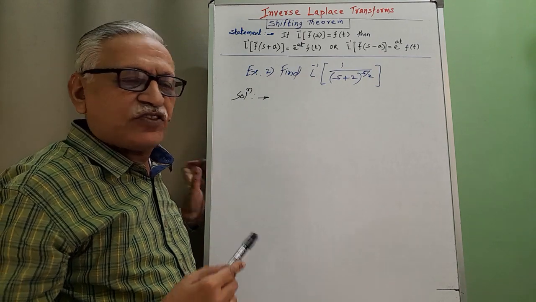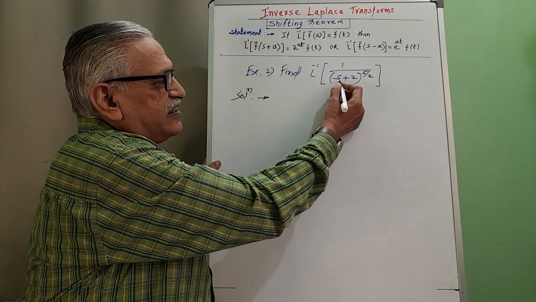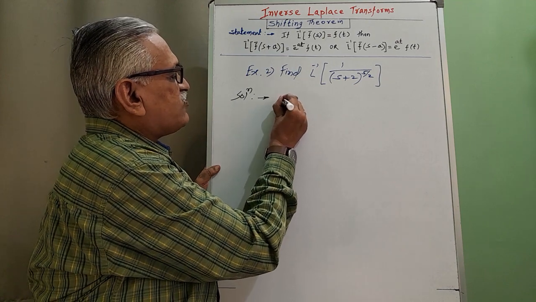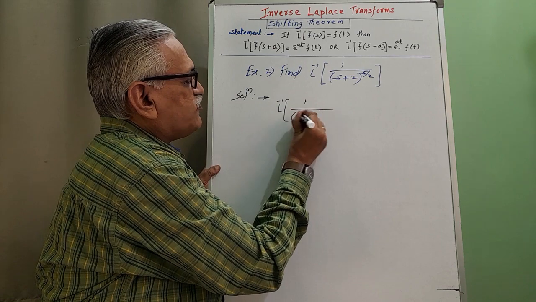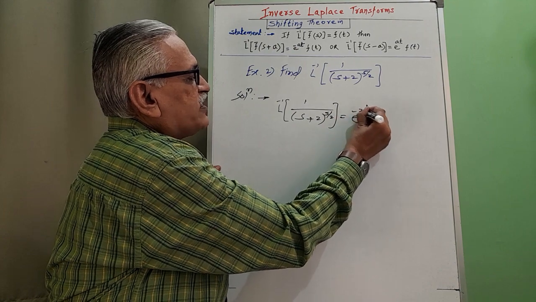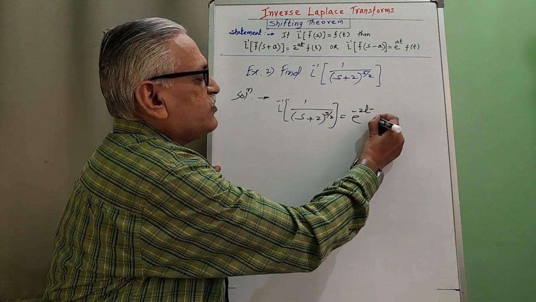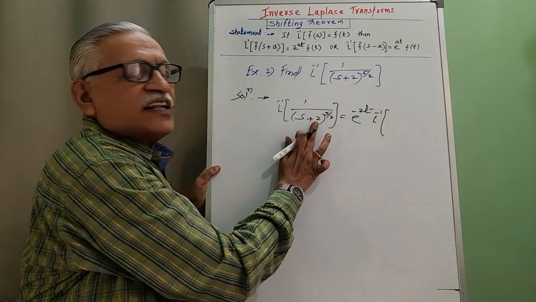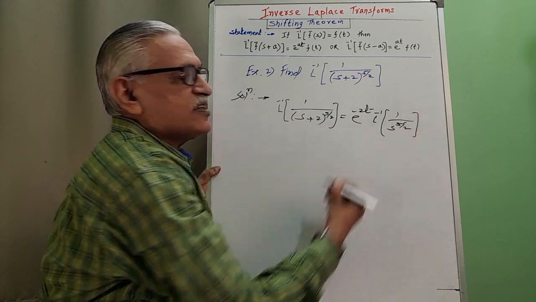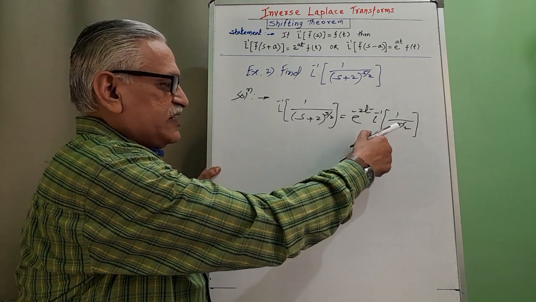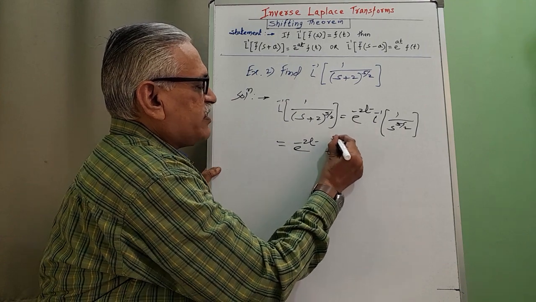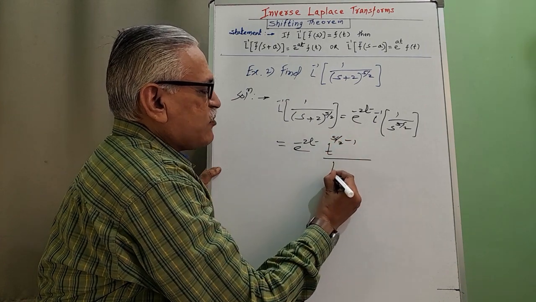The power n is here not a positive integer, and as s is replaced by s plus 2, it is a problem of shifting theorem, and therefore inverse Laplace of 1 upon s plus 2 whole raised to 5 by 2 is equal to e raised to minus 2t, as s is replaced by s plus 2, into inverse of remaining term, neglecting that 2, remaining term is 1 by s to 5 by 2, and as it is not a positive integer, as per the standard result, its inverse is, therefore, e raised to minus 2t as it is, t raised to 5 by 2 minus 1 divided by gamma of n, that is 5 by 2.